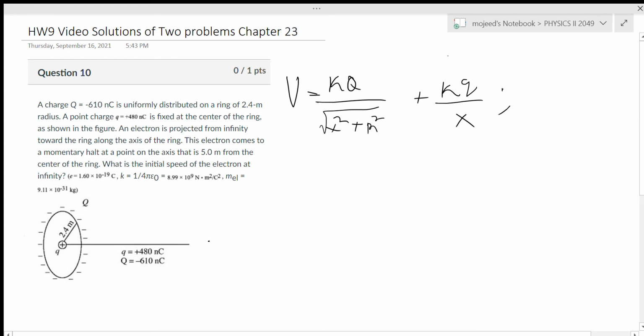We continue by substituting in the values, and we get the constant k. If you round it, you get 9.0 times 10 to the 9th power.